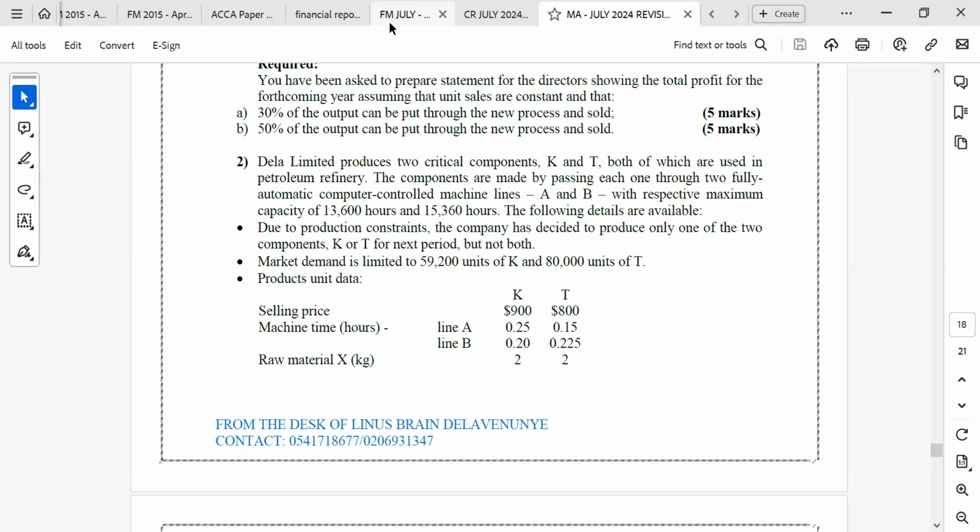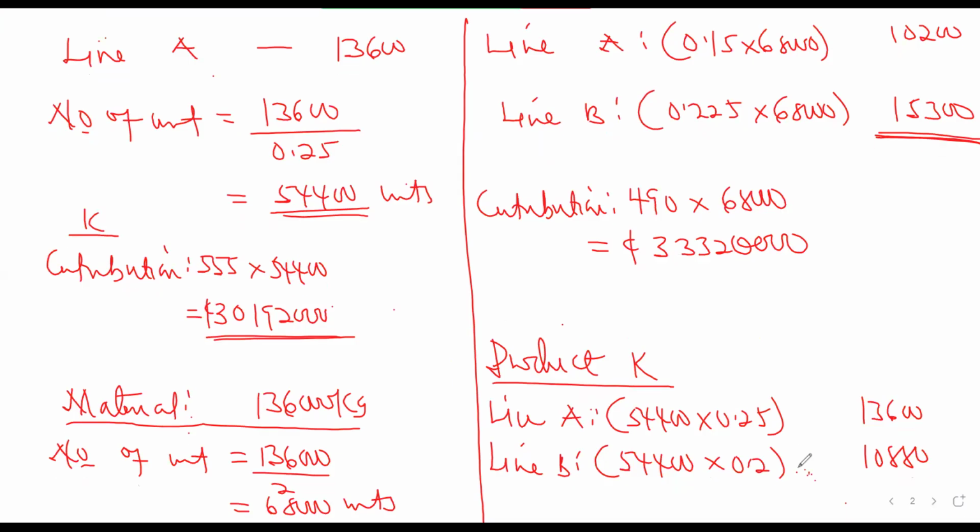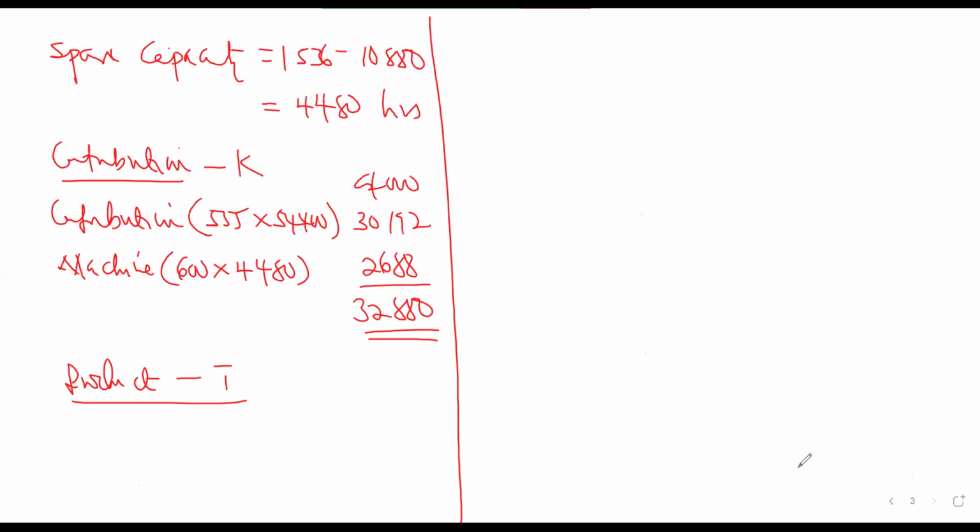So if we have a maximum of 13,600 but we are using only 10,200, what would be the spare capacity? The spare capacity will be the maximum hours available minus 10,200. That is 3,400. Let's come to spare capacity on line B.